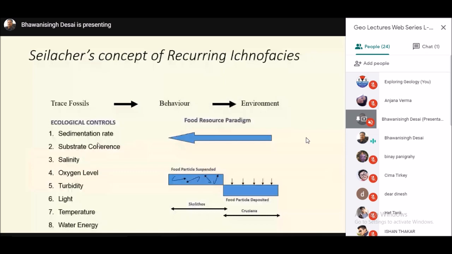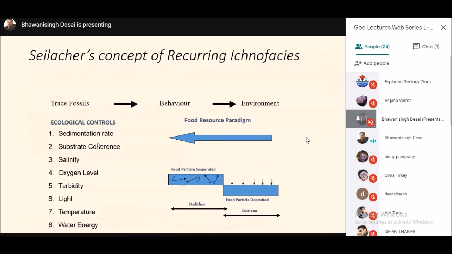Now, Adolf Seilacher was a scientist who developed this ichnology. He is considered the father of ichnology. He was basically a German and he extensively worked in the Pakistan region where he developed some of his ichnological concepts, and he also extensively worked on the North Sea tidal flats.